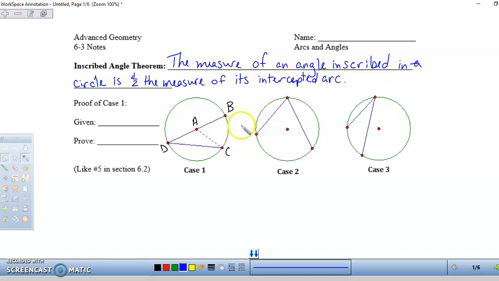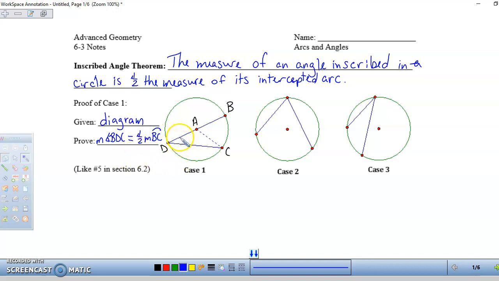Okay, and we actually did a question just like this in the 6.2 notes. It's just like doing number 5 in the 6.2 notes. Basically, if you have this diagram, and I did label the vertices here, so you might want to do that, then the measure of angle BDC is equal to 1/2 the measure of arc BC.